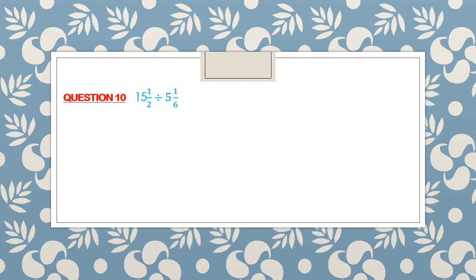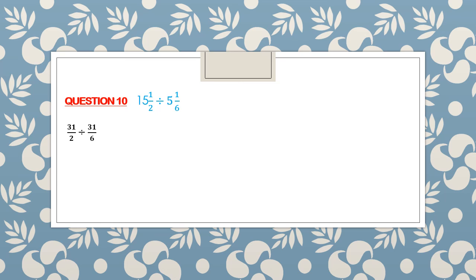Question number 10. 15 1 by 2 divided by 5 1 by 6. So first of all, we'll be changing these fractions into improper fractions. 15 multiplied by 2, 30 plus 1, 31 divided by 2. This fraction divided by 6 5s are 30 plus 1, 31 upon 6.